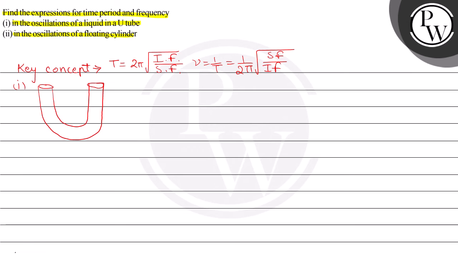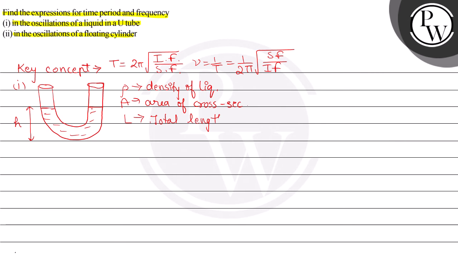So what we can assume is that there is a liquid inside it, and from here to here, it will be h, and कुछ चीज़ें हमें consider करनी पड़ेंगी, that is, let's say rho, this is the density of liquid, A, area of cross section for the U-tube, and L for the total length of this tube.